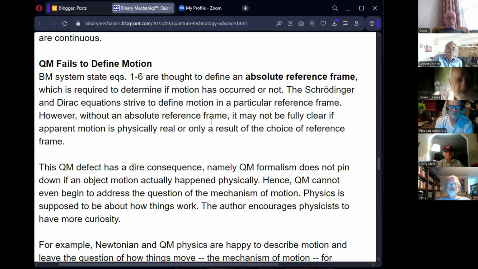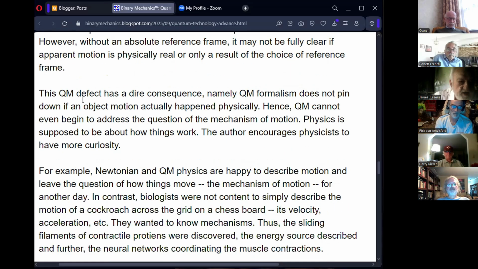However, without an absolute frame, it may not be fully clear if apparent motion is physically real or only a result of the choice of reference frame. This quantum mechanic defect has dire consequences. For example, quantum mechanic formalism does not pin down if an object motion actually happened physically. Hence, quantum mechanics cannot even begin to address the question of the mechanism of motion.